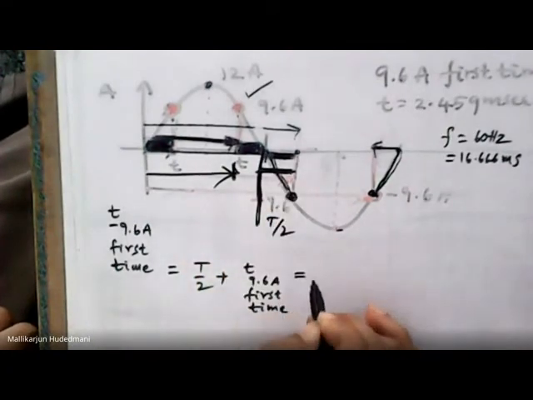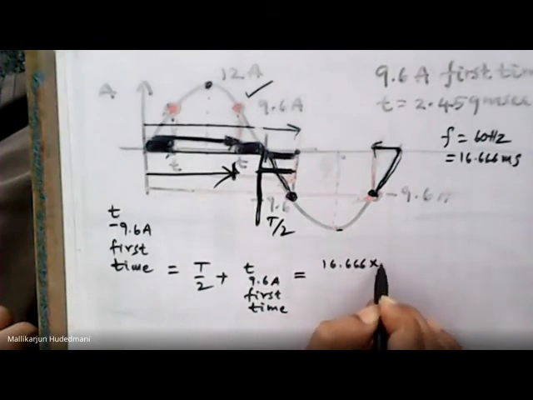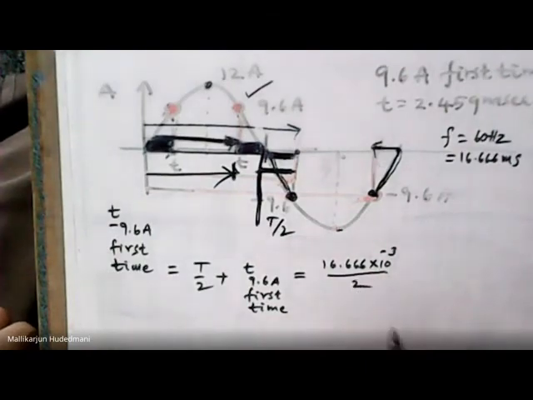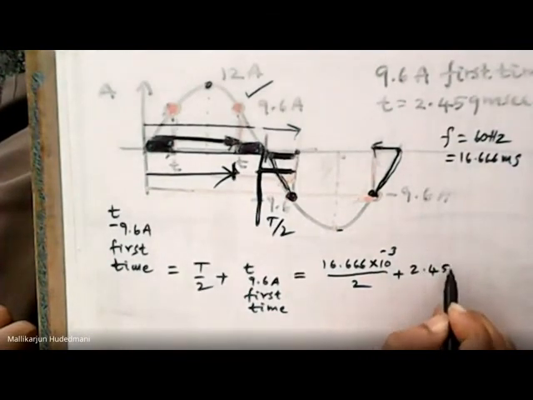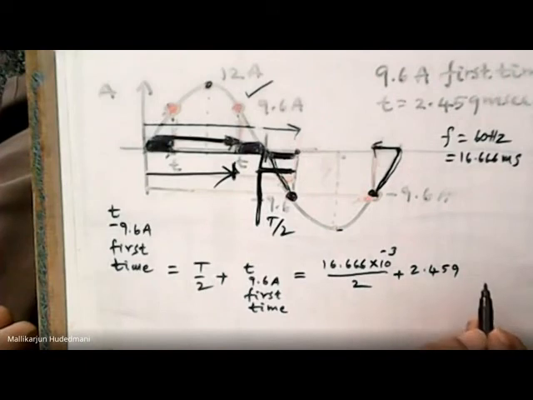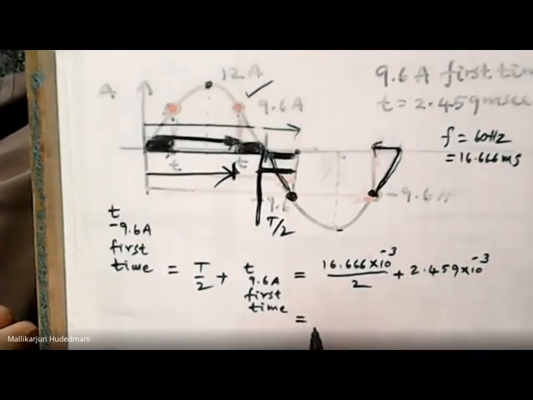This is equal to 16.666 into 10 to the power minus 3 divided by 2, correct? Plus time for 9.6 first time. This is 2.459 into 10 to the power minus 3. If I solve it, I am going to get 10.792 millisecond.